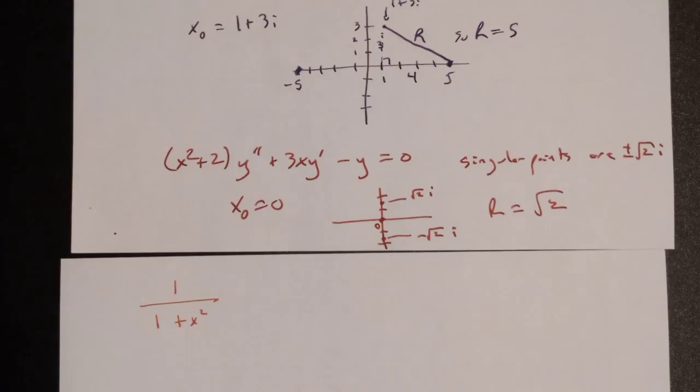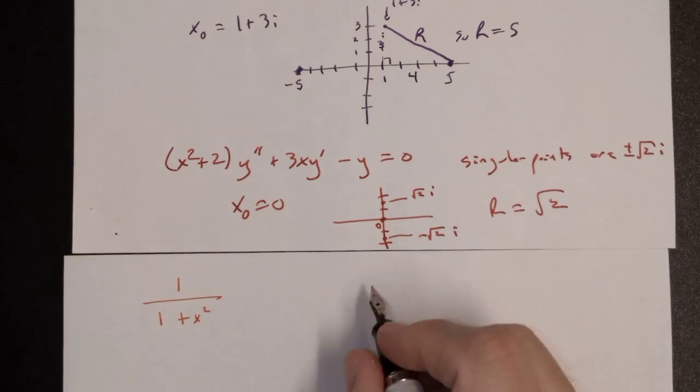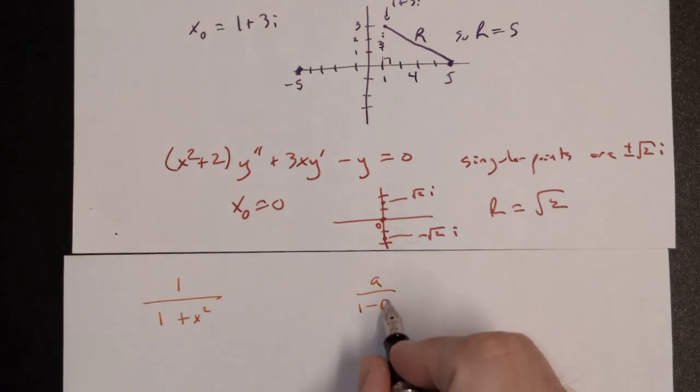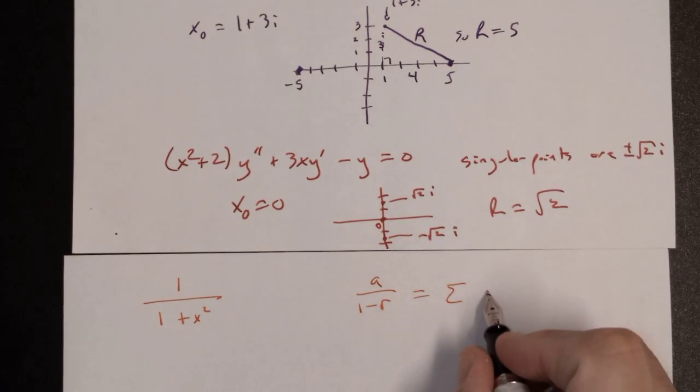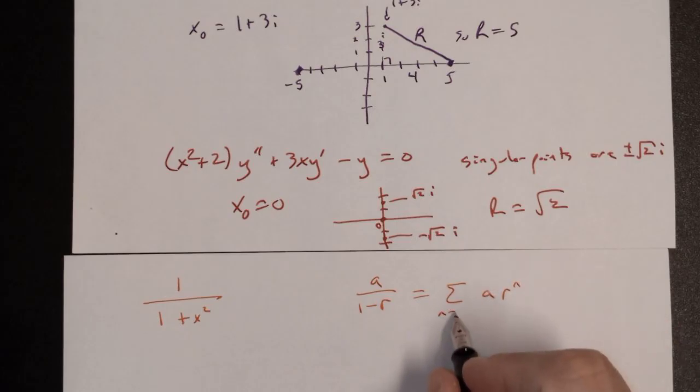But I remember from geometric series, when I had a over 1 minus r, that was the sum a r to the n, n goes from 0 to infinity. Chapter 11, section 9-ish, I think, in the textbook.